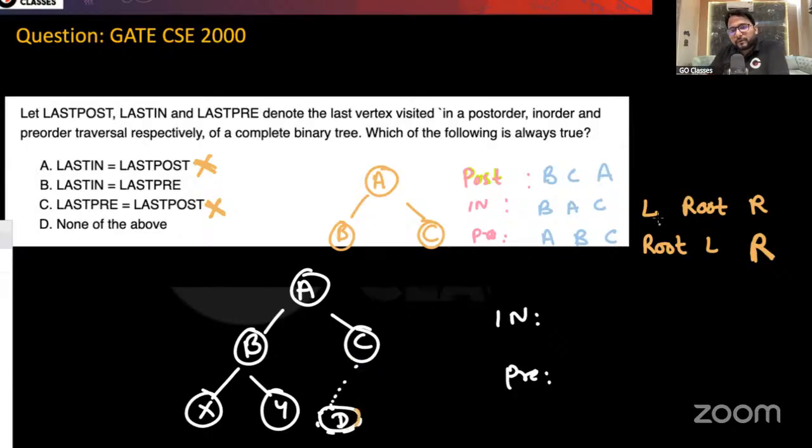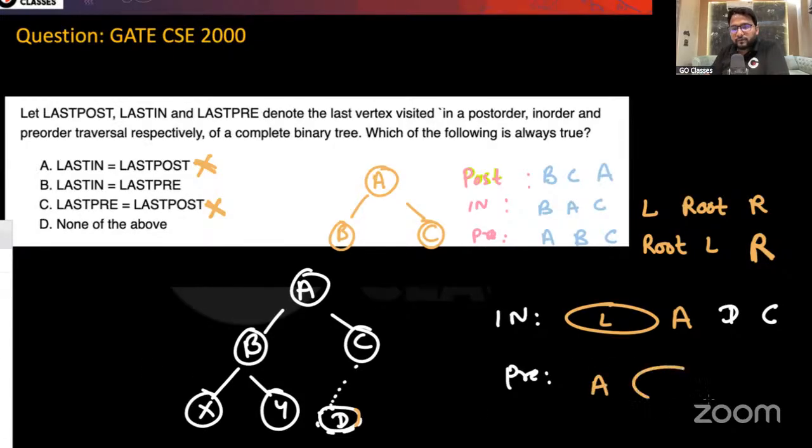So basically it will be left, whatever it is, B, X, Y, whatever the order, and then root. And then I'm more interested in the right. On the right, I have C and D. Again, I'm not interested in the left part.